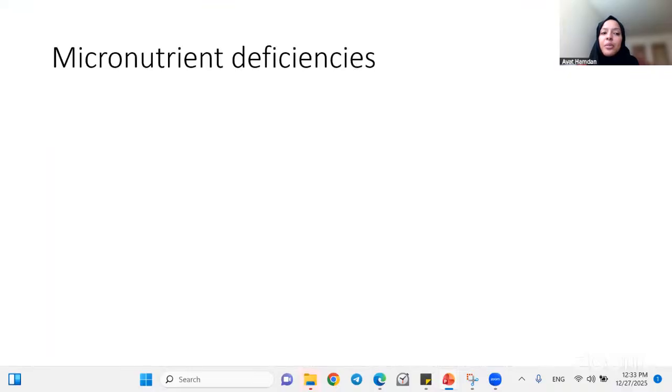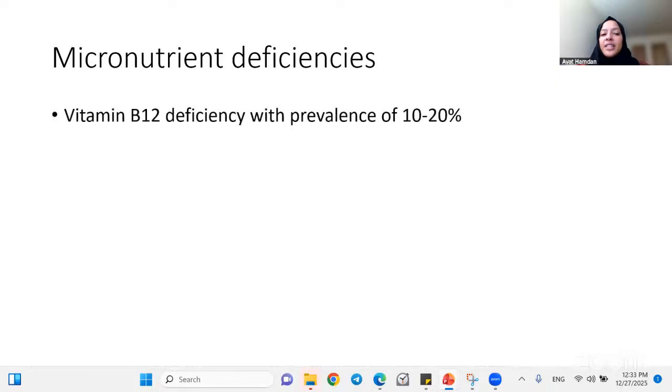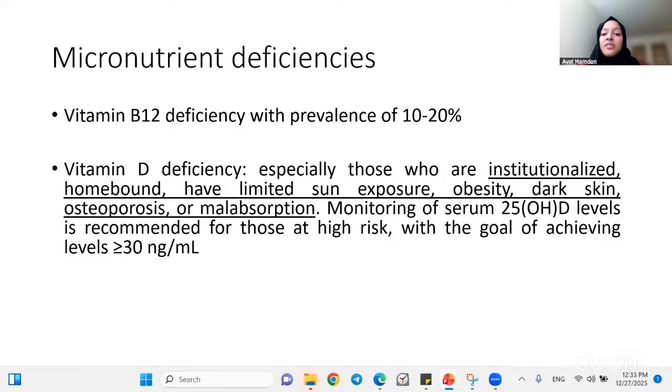A little bit of talk about the micronutrients. Only 2 slides left. For the micronutrients, you need to be aware of vitamin B12 deficiency. It has higher prevalence in older adults, around 10 to 20%. Vitamin D deficiency as well, especially in individuals who are not seeing much sunlight, like institutionalized, homebound, those with limited sun exposure, obese patients, those with dark skin, osteoporotic patients, or any patients with malabsorption syndrome.